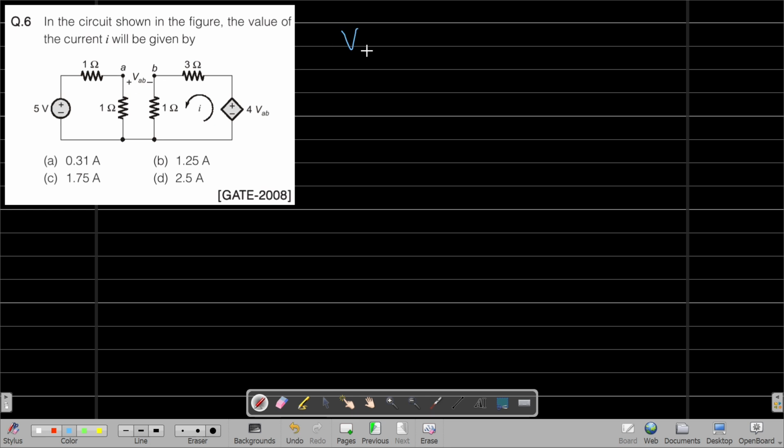So VA equals 1 upon the total resistance, that is 1 plus 1, into the source, which is 5. That equals 5 upon 2, which equals 2.5.